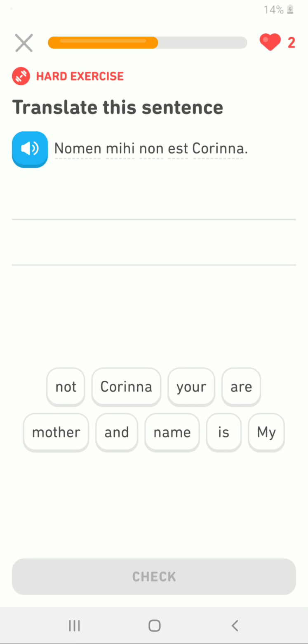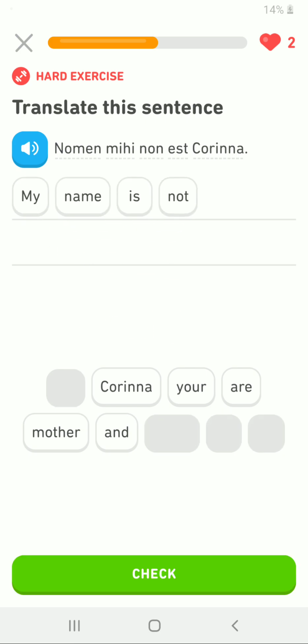Nomen mihi non est Corina. So, my name is not Corina. I would say that here is like the name Corina is not mine, literally, for a better translation, but nomen mihi, it's like my name is not. Non est Corina.